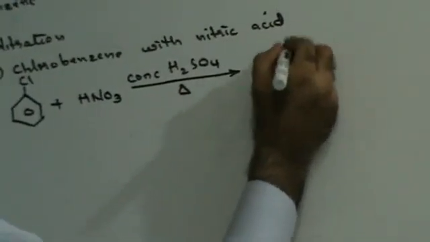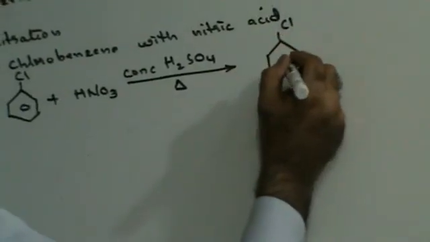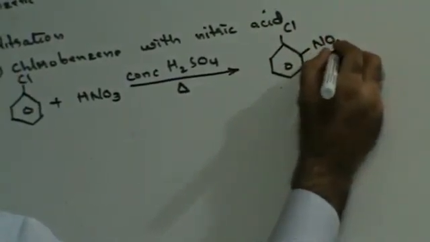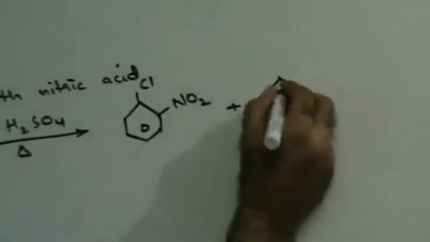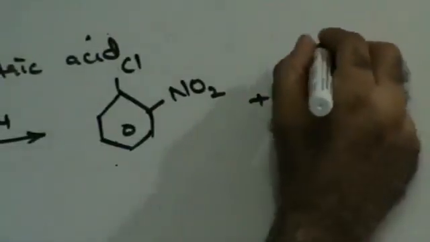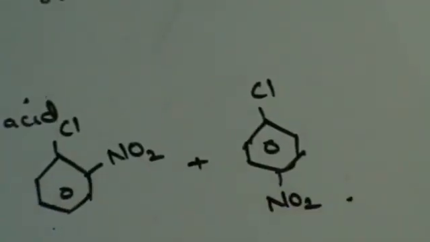So you will have the benzene ring, chlorine as it is, and the nitro group substituted here, plus chlorine and the nitro group substituted in the para position, in the ortho and the para position.